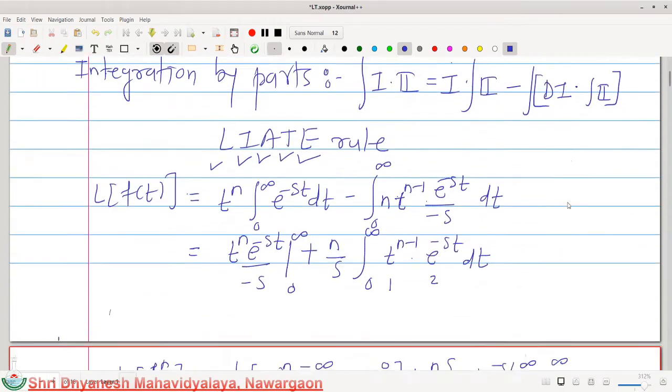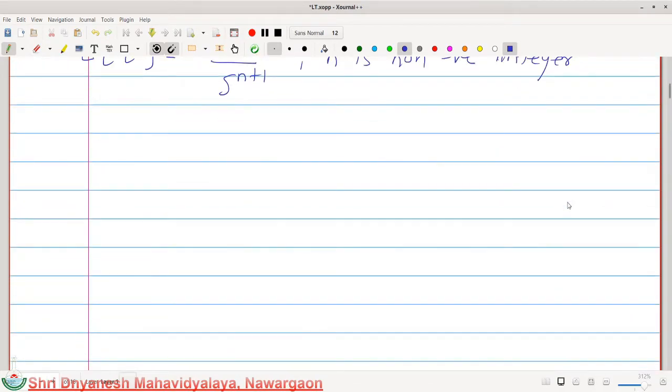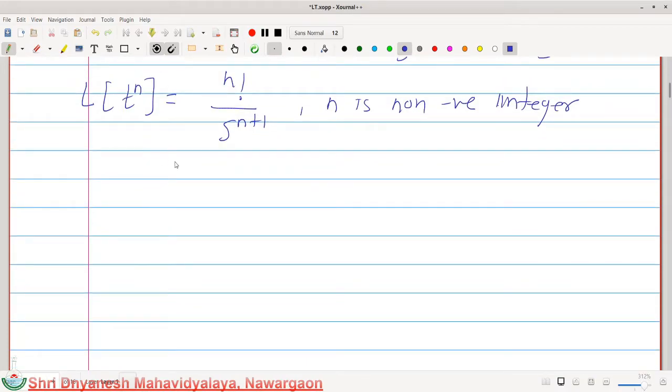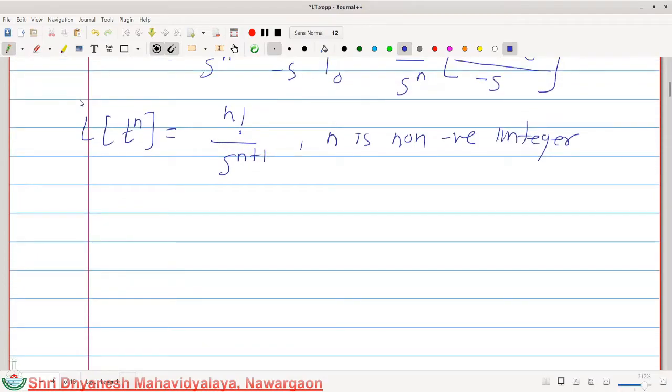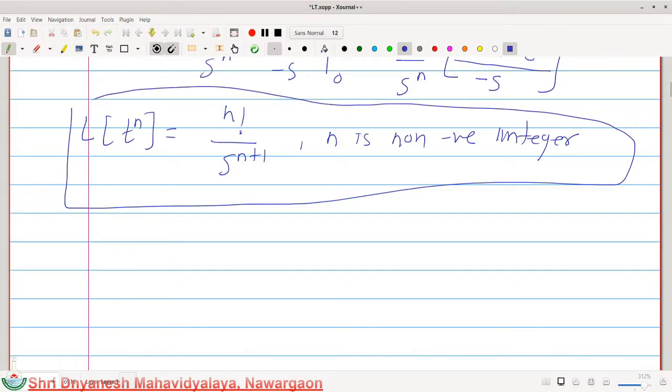Okay, so in the end we will write: Laplace transform of t to the power n is n factorial upon s to the power n plus 1. Take a note of this equation. In the later examples, we will require this equation, or now you can say this formula.